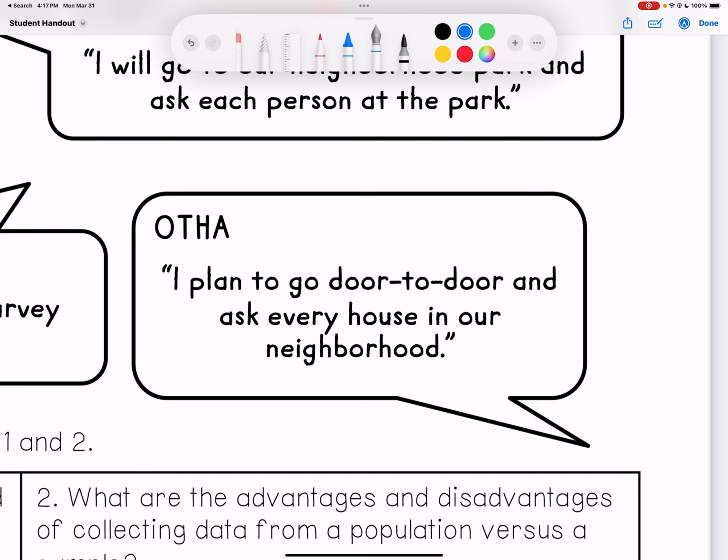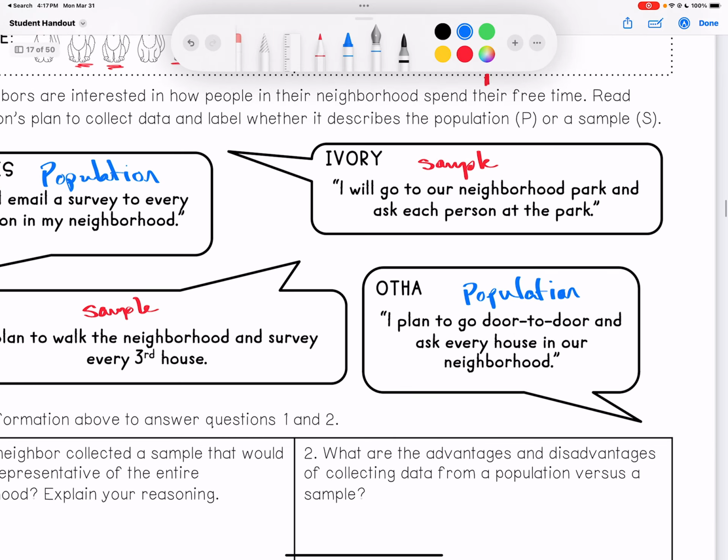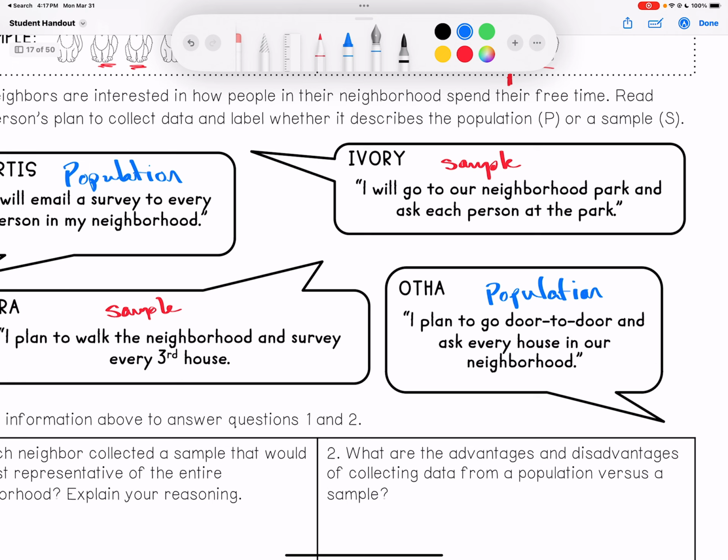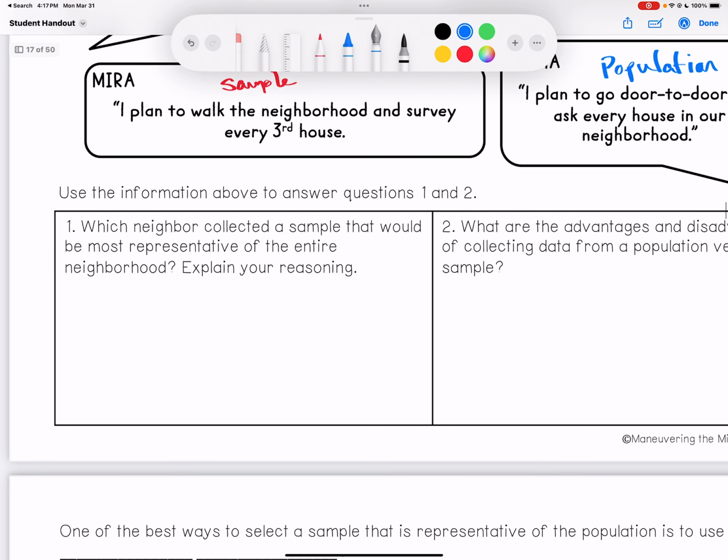Is she asking everybody? Yes, so that is a population statistic. All right, so we're going to use the information above to answer questions 1 and 2. I'm going to pause now and let you answer those.